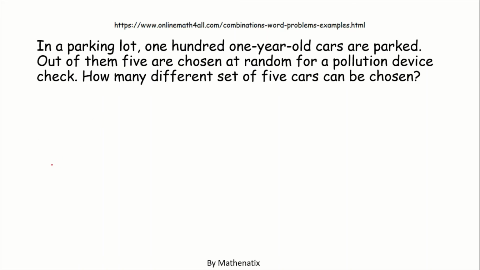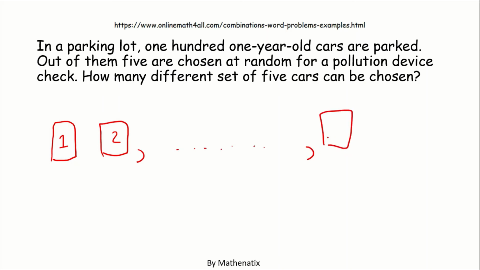So I'm obviously not going to draw all these cars out, but I'll just draw car 1, and then we have car 2, and then dot dot dot, car 100, right? And we want to choose 5 of them, right? We want 5 different cars to be chosen.